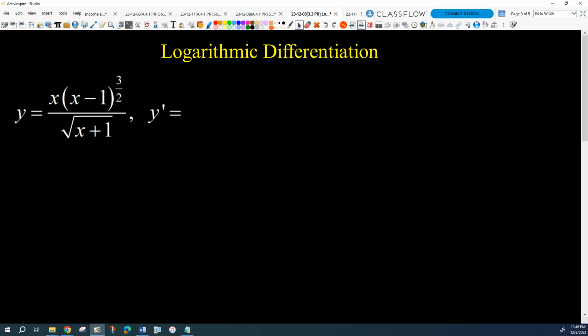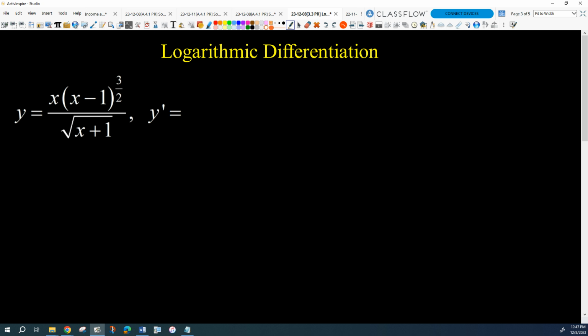So I could do that here by just logging both sides of the equation. Let's try this. Look what happens if I take the log of both sides. This is called logarithmic differentiation. This is really cool, and there's nothing new here. This really doesn't add anything that you guys don't already know how to do. It just combines some skills that we've been working on into a technique that's very useful.